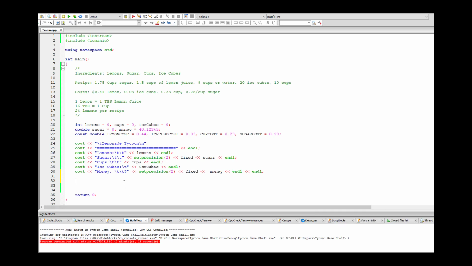And then what we're going to do is set up our main menu. All right, so we're going to say cout main menu. And then what we'll do for consistency is copy this line so it looks the same as the one above it.